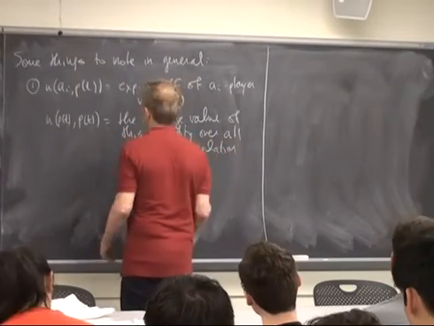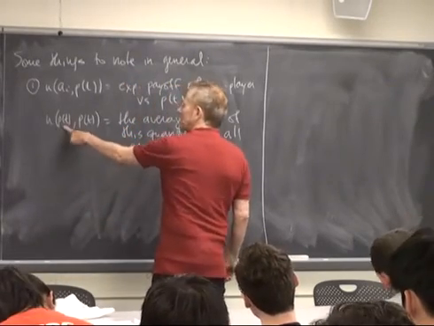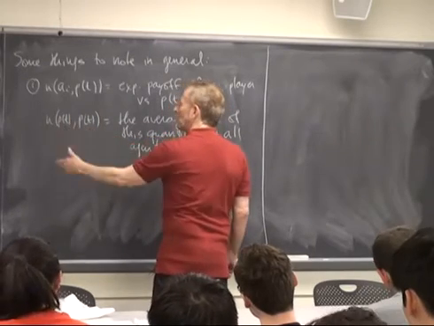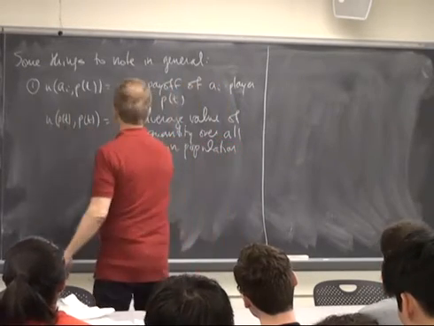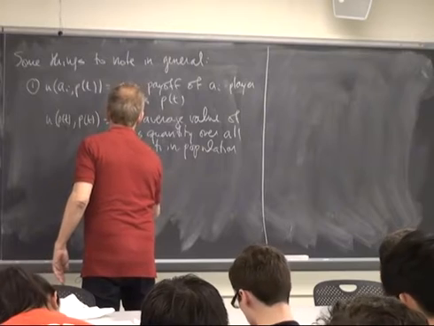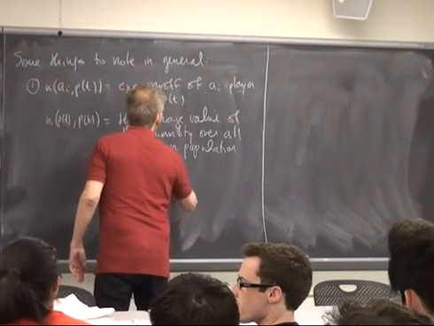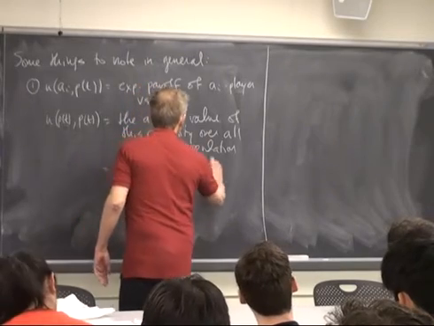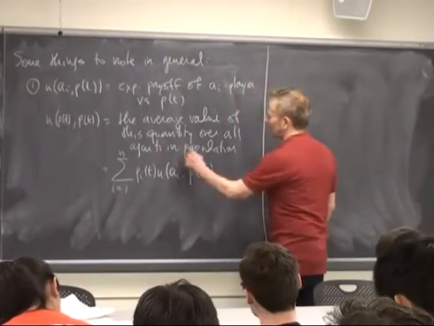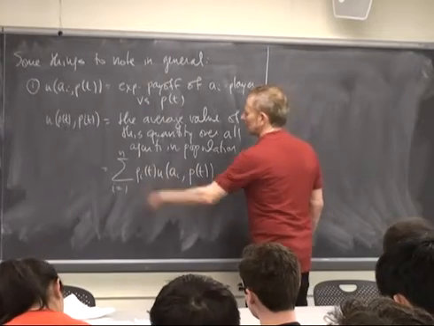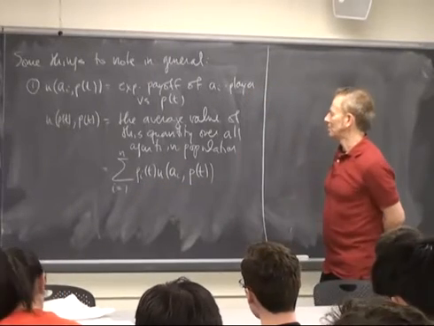And if you want to see why that's true, if you just expand P of t out as P1 of t A1 plus P2 of t A2, this comes out to be the sum from i equals 1 to n of Pi of t U of A_i, P of t. So all you're doing is taking U of A_i, P of t and computing its expected value over all the agents in the population.